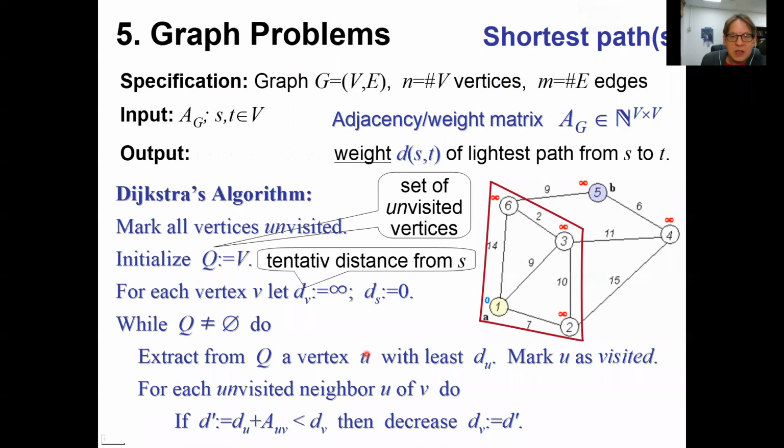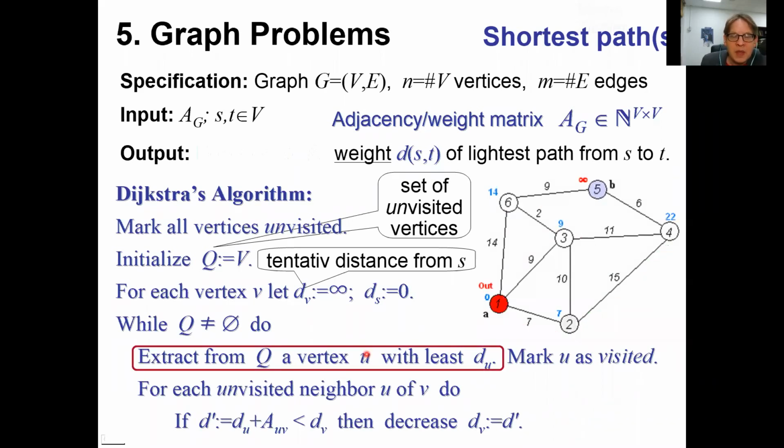That is a data structure which allows us to extract an element of least weight, and to decrease the weight or the key value of any element in that queue. It does not need to be able to increase, because that's not what Dijkstra's algorithm uses.